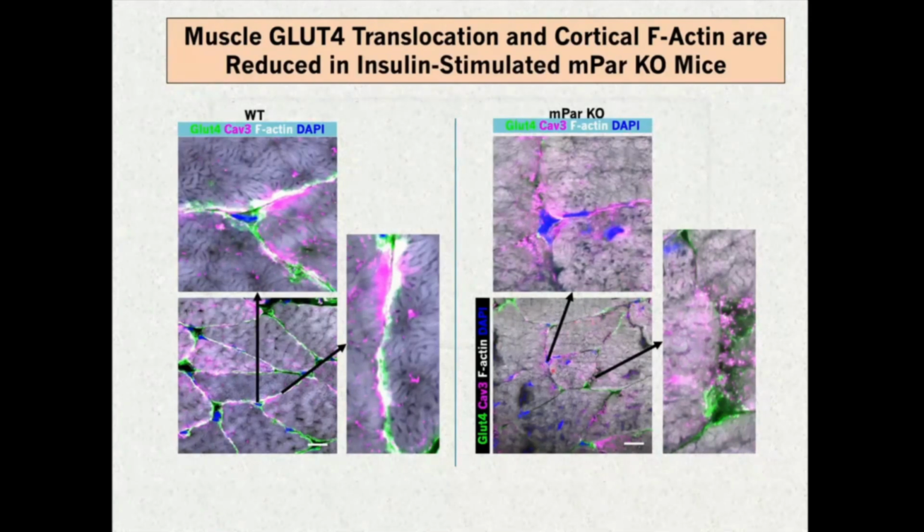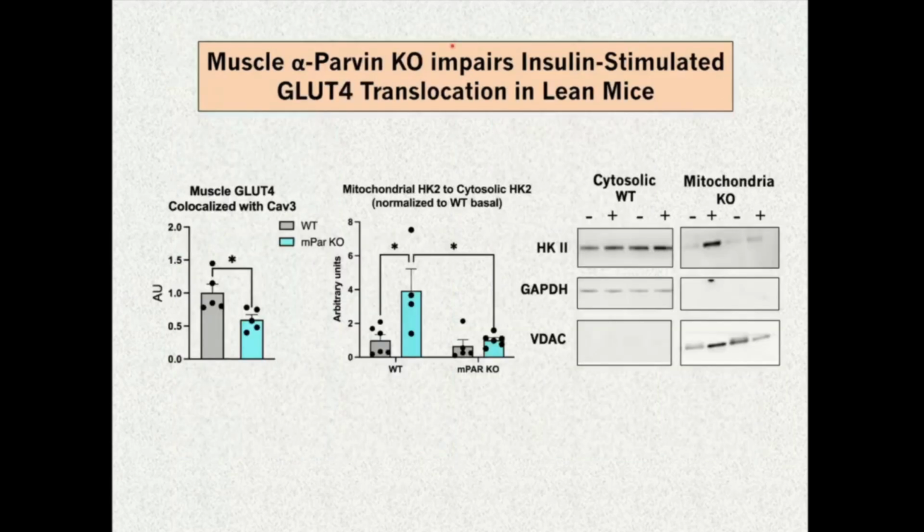Except for a cluster of GLUT4 here, otherwise the amount of F-actin and GLUT4 is greatly diminished with the parvin knockout, suggesting that cytoskeletal arrangement is dependent on this cell adhesion protein. And this is a quantification of GLUT4 co-localized with CAV3. And as you can see, there's about a 50% reduction when we put all the slides together.